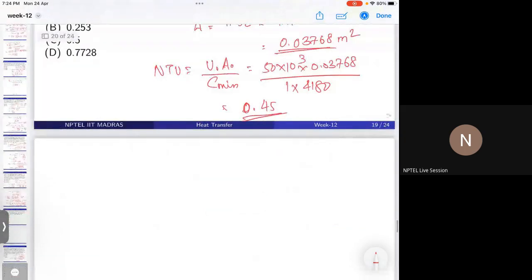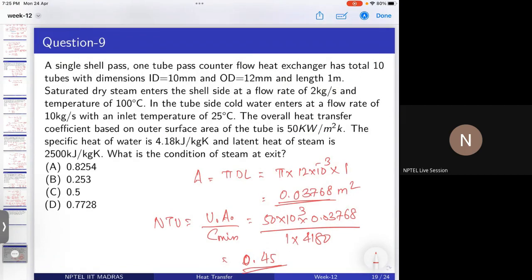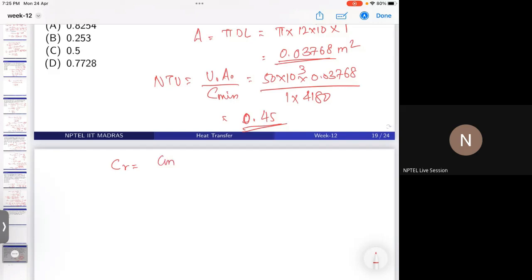So what is the C max here? Some phase change is happening on the other side. So what is the specific heat during phase change? It's infinity. So the C max in this case is infinite. So what is C R? C min by C max, right?